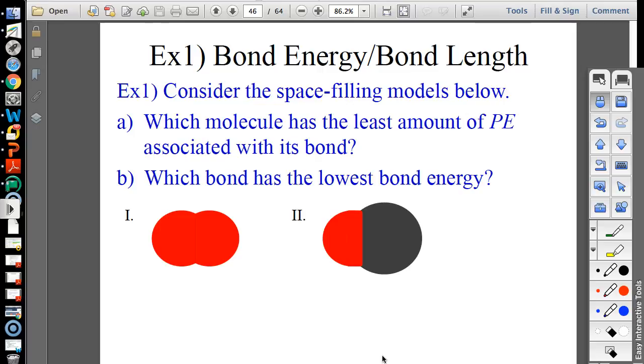You have to look at the wording of it. Because it says lowest potential energy, then that's the potential energy graph. Lowest bond energy is enthalpy. Think bond enthalpy, the energy needed to break the bond. So you have to know what word it's talking about.